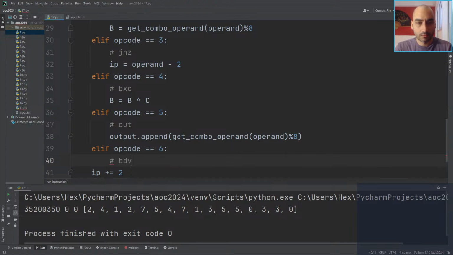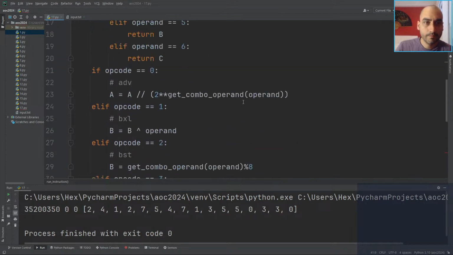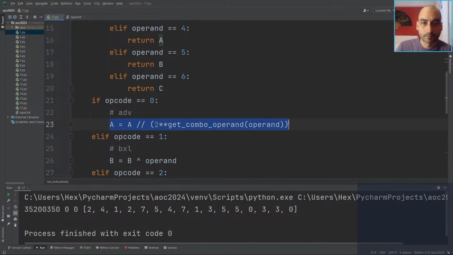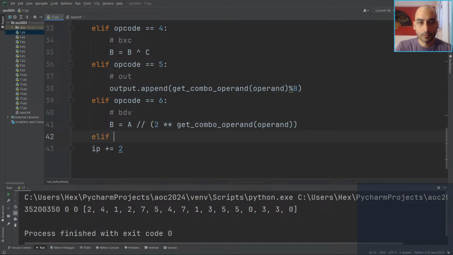BDV. It's adv, but we store the result in B. Okay. And then 7.